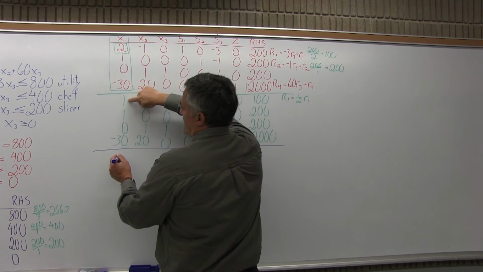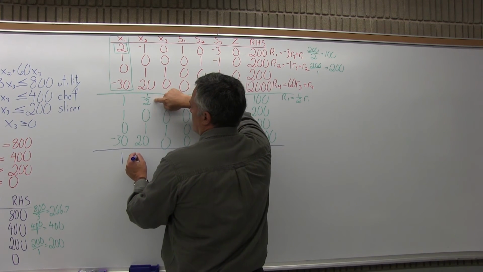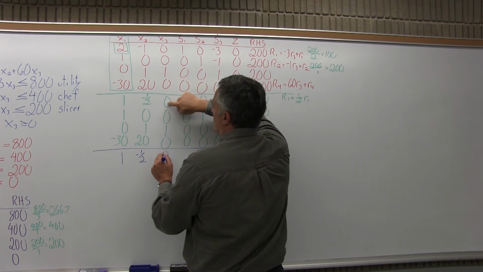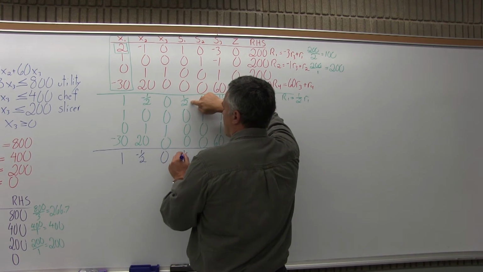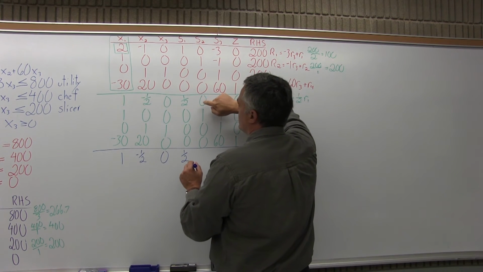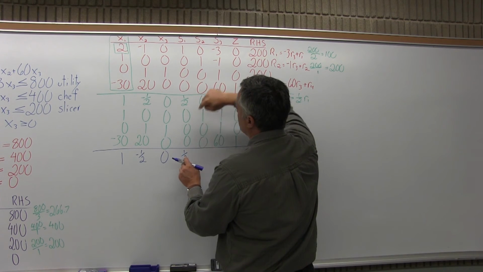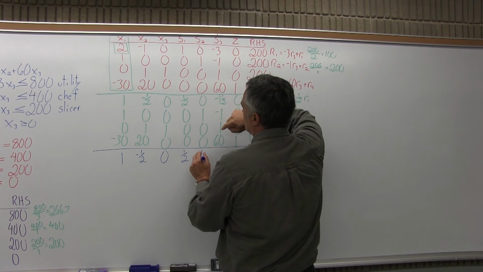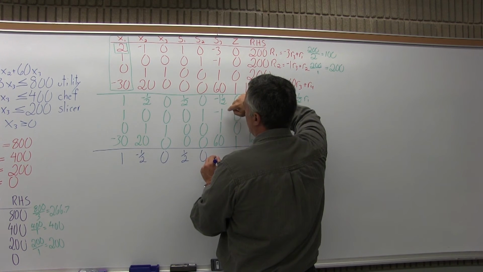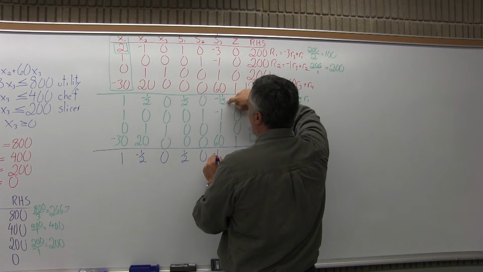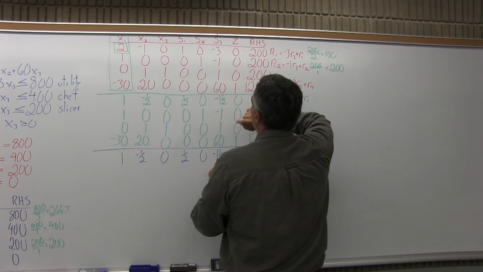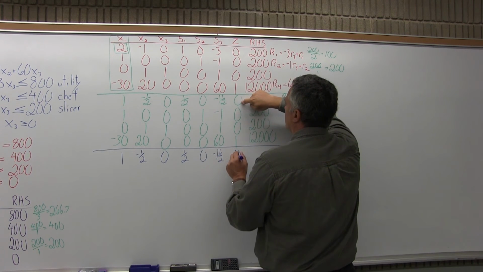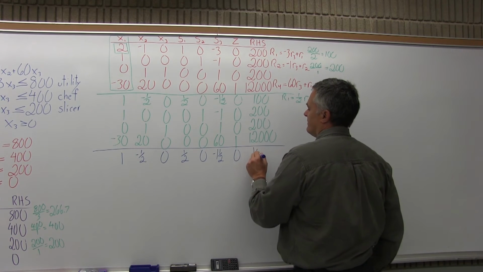So the x1 value is 1. The x2 value is -1/2. The x3 value is 0. The s1 value is 1/2. The s2 value is 0. The s3 value will stay -1.5. The Z value is 0, and the RHS value is 100.